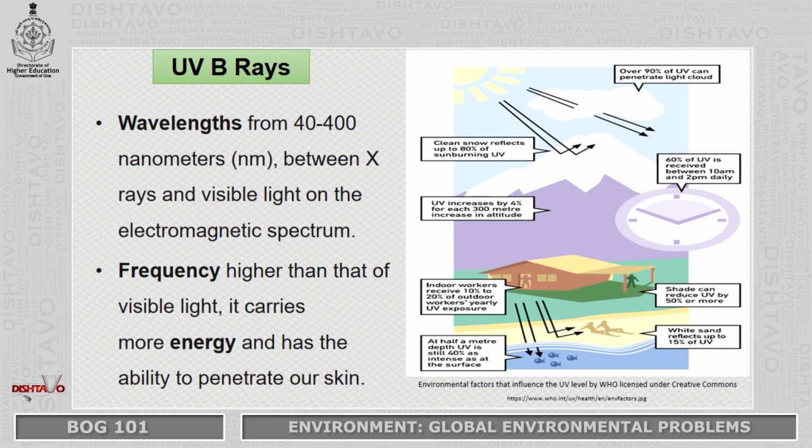So whatever comes in between these two in the electromagnetic spectrum are the UV rays, UVA, UVB, UVC. The frequency is higher than visible light and it carries more energy, so much that it can penetrate our skin.